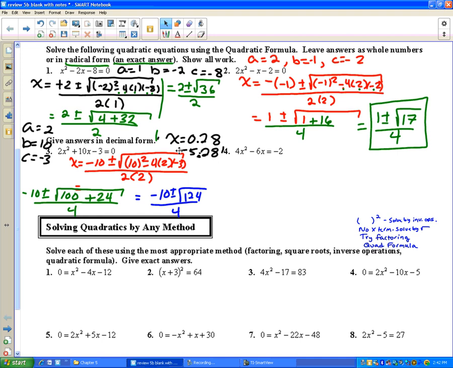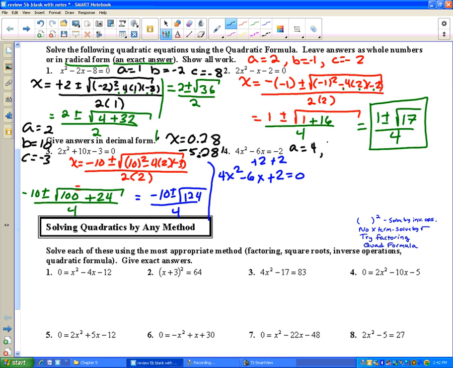Number 4, I don't have it equal to 0 yet, so I have to add 2 to both sides. So I'm going to now have 4x squared minus 6x plus 2 is equal to 0. That then tells me that A is 4, B is negative 6, and C is positive 2. I plug it into my quadratic formula.